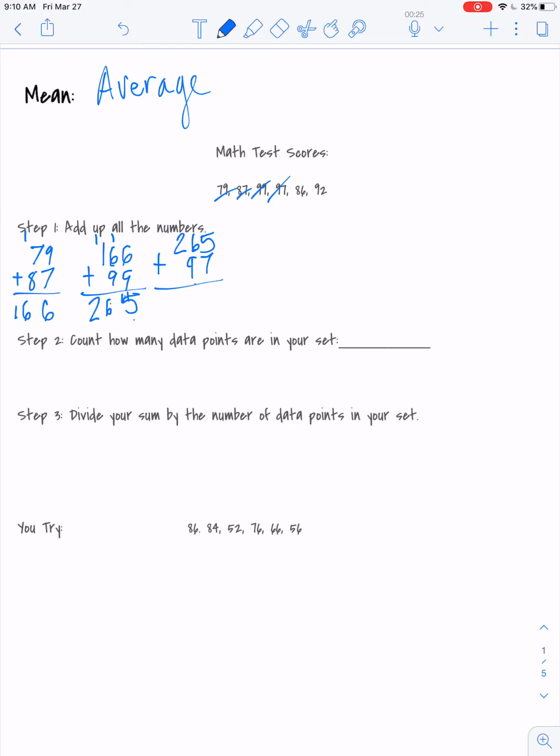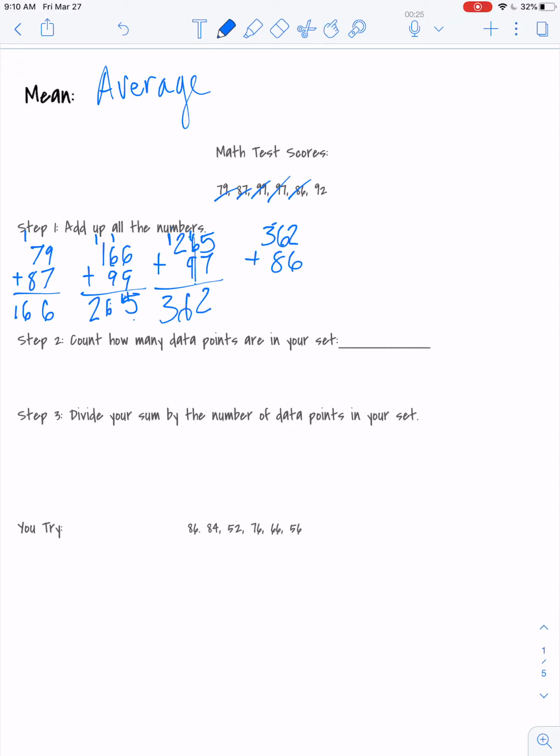We get 5 plus 7 is 12. 1 plus 9 is 10, so we get 16. 1 plus 2 is 3, so we have 362.